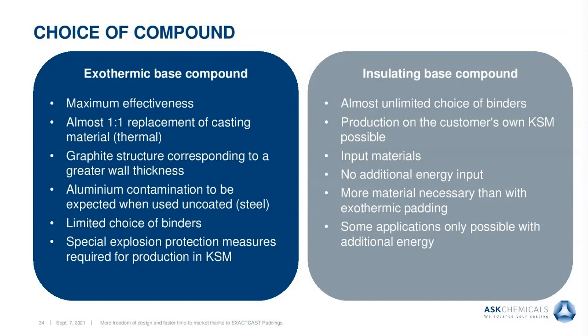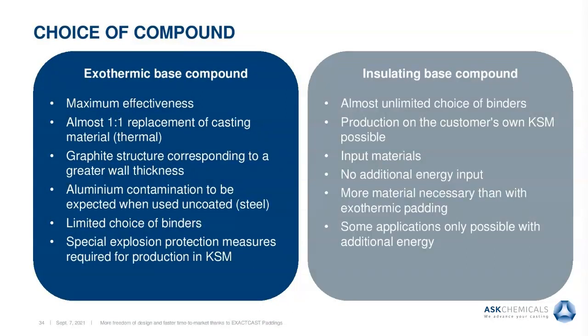The exothermic base compounds, of course, have the maximum effectivity. That means you have almost a one-to-one replacement compared to casting material, of course just in the thermal way, as we've seen in the example. Your microstructure corresponds to the solidification time.